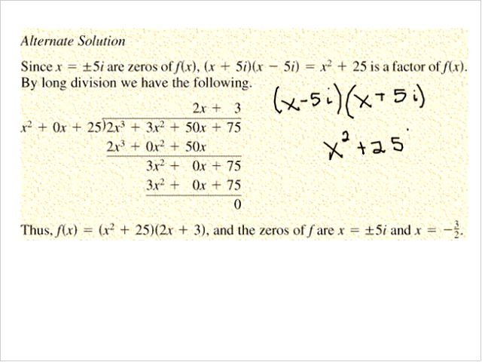So really I have x squared plus 25. And then I can actually use long division to help me solve. And that's what we did right here. So if you prefer that method, you can do that also and use long division to get your answer. And notice that you do get the 2x plus 3. So again, you just have to subtract 3 and divide by 2.